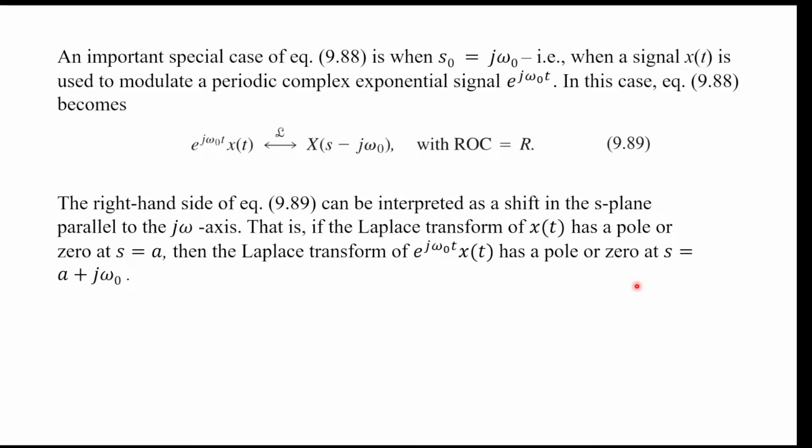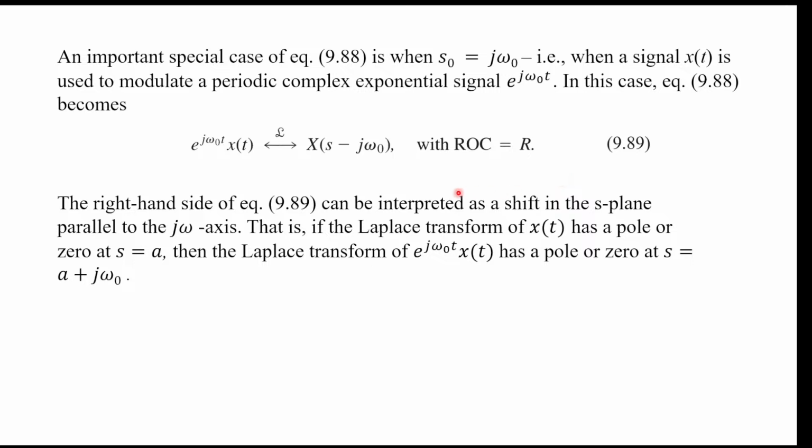An example where the ROC doesn't actually shift is when we think about modulation. If we have e to the j omega t modulated by x(t), then you can think of S0 as j omega, so it will Laplace transform to s shifted by j omega.